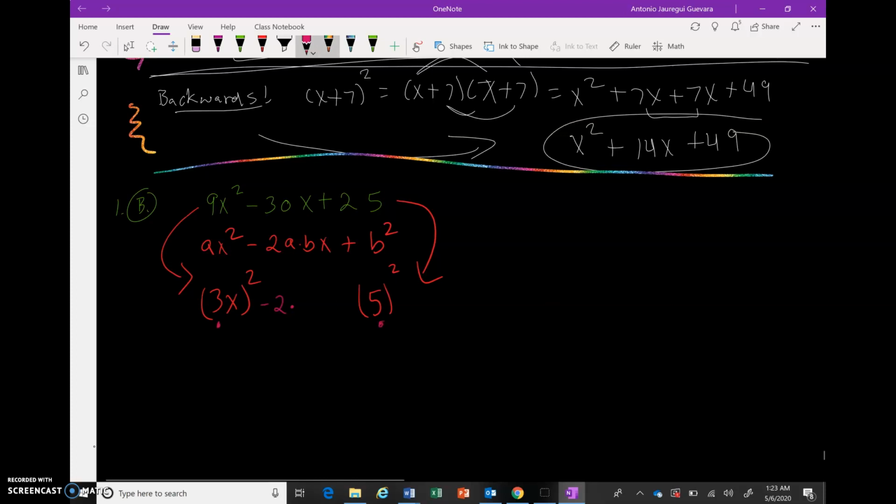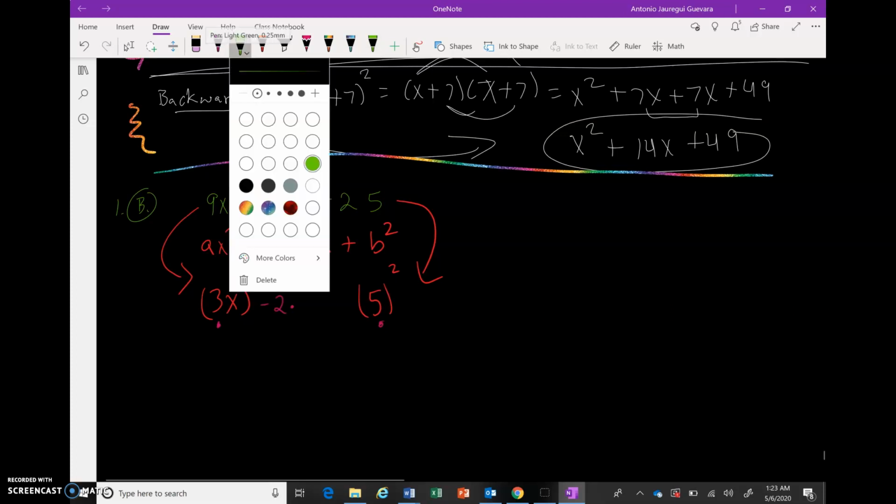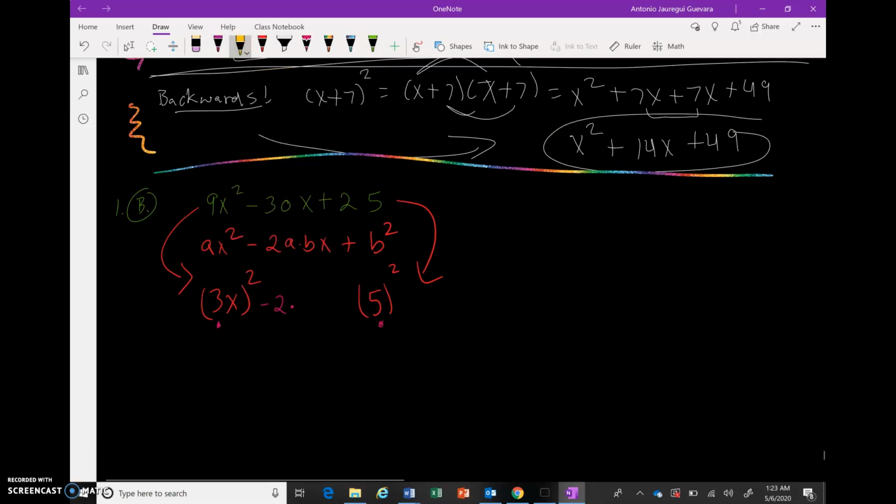Your a times your b is 3 times 5, which gives you 15. Times 2 will give you the 30 that you're looking for, and that negative makes it negative, right? So that works. I forgot the plus sign here. That is why we like this form.